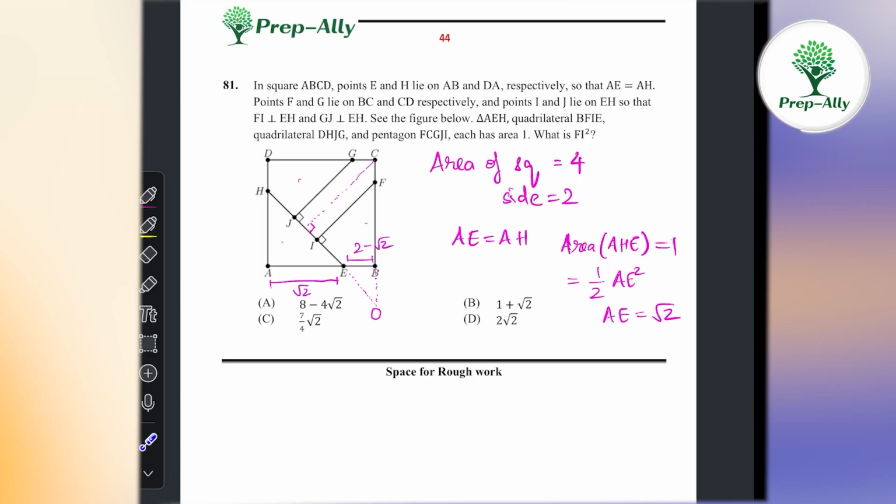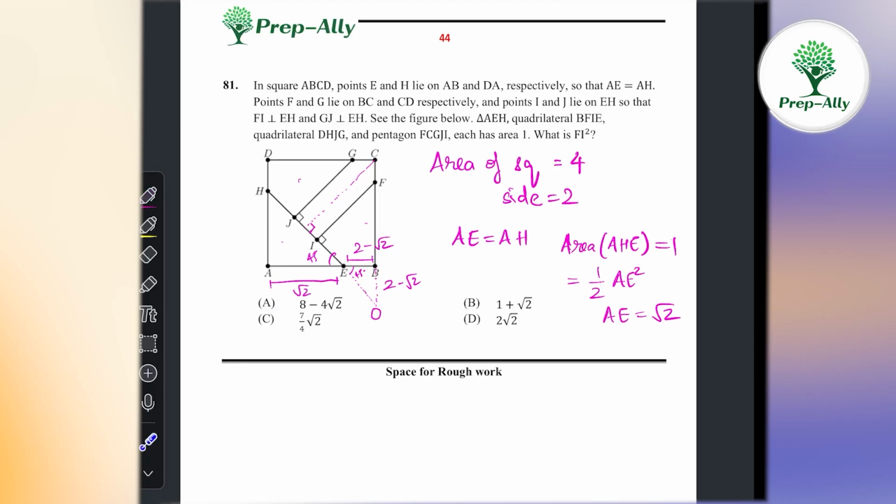Take this triangle here, EBO, right? We have this angle also as 45, because this angle is 45 degrees, this angle is also 45 degrees, right? So EB is also equal to BO, so this length is equal to this length, which is equal to 2 minus root 2, right?